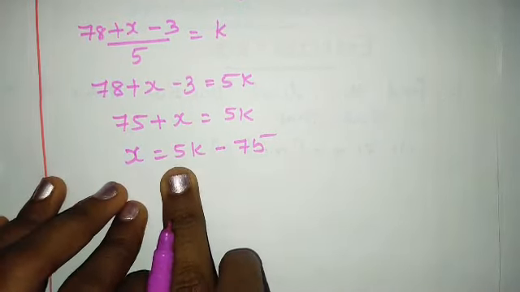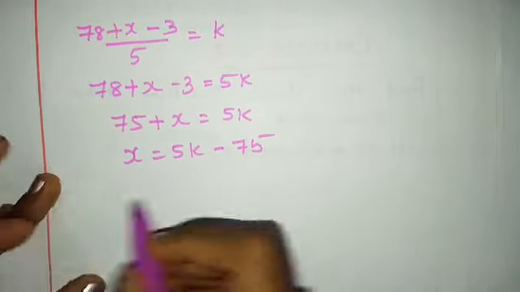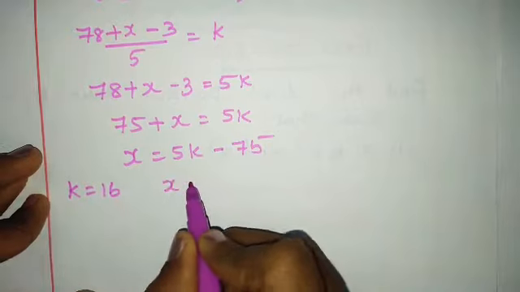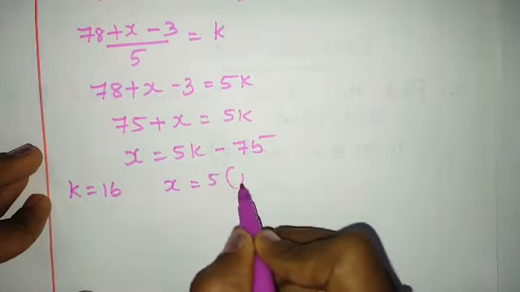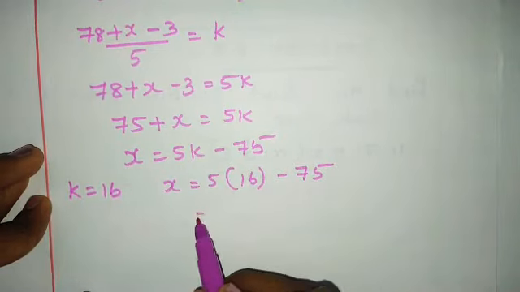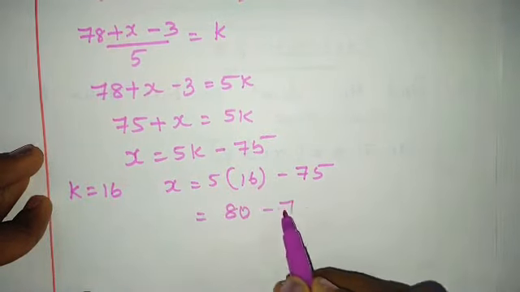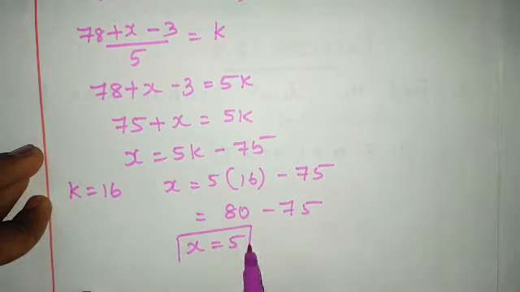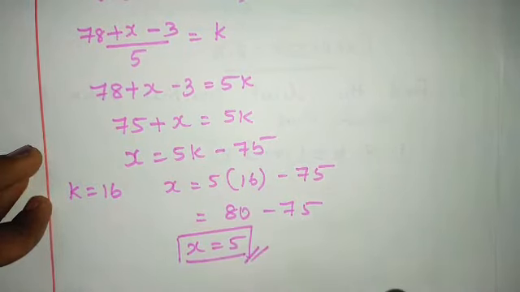So let me substitute 16. Let me take the k value as 16. So x is equal to 5 into 16 minus 75. Got it? 16 fives is 80, minus 75. So your x value is 5. Got it? Now we'll see the next subdivision.